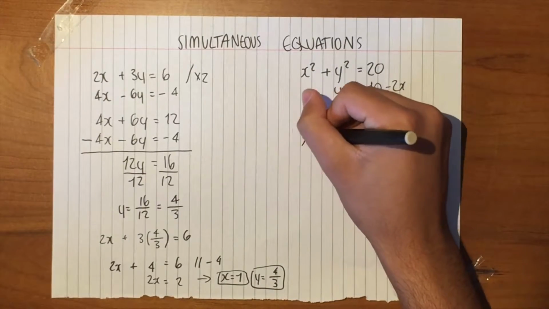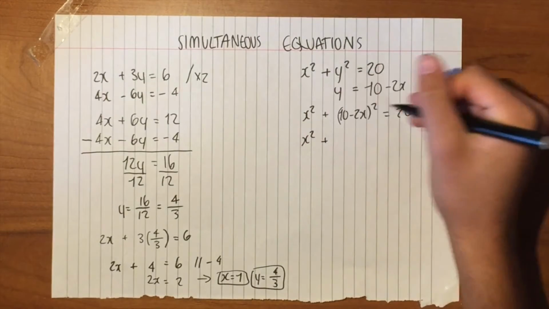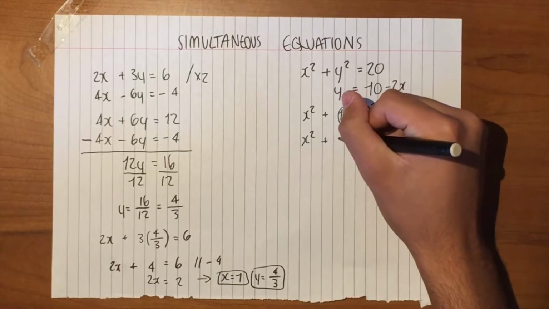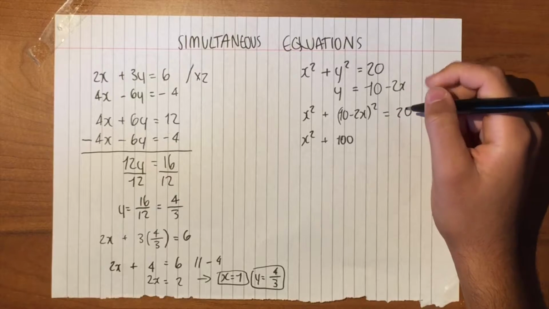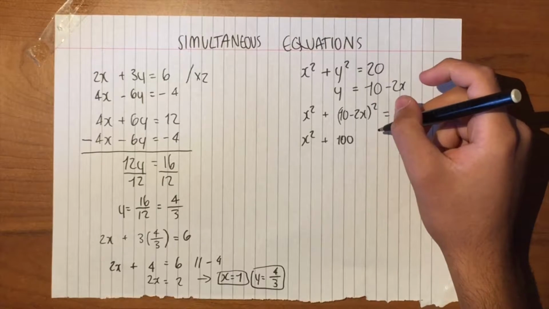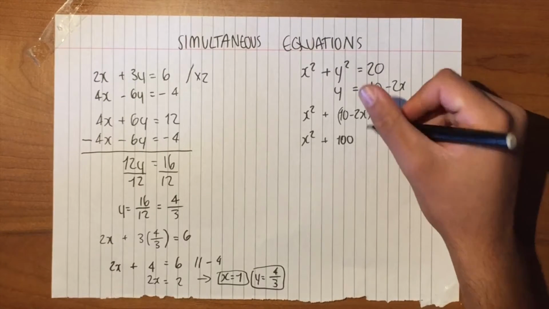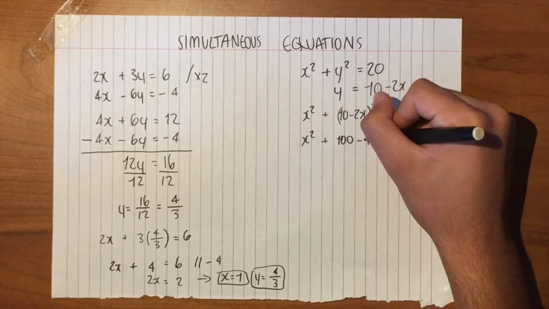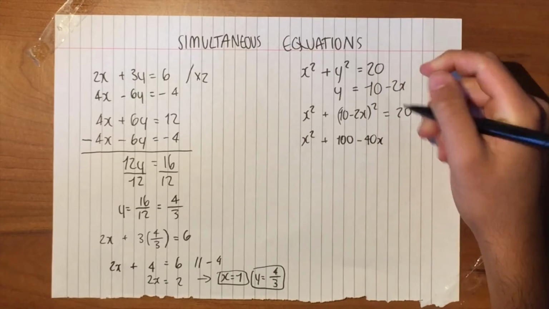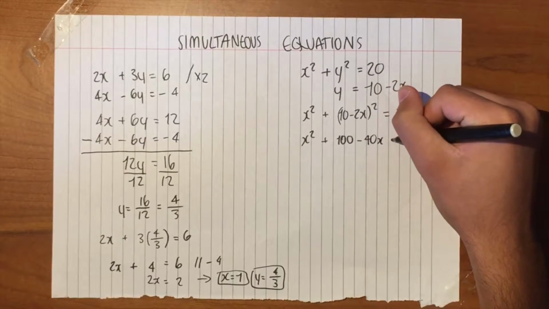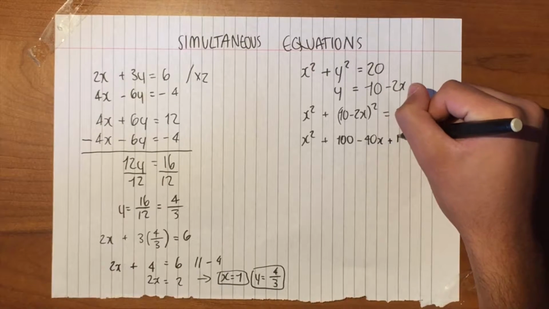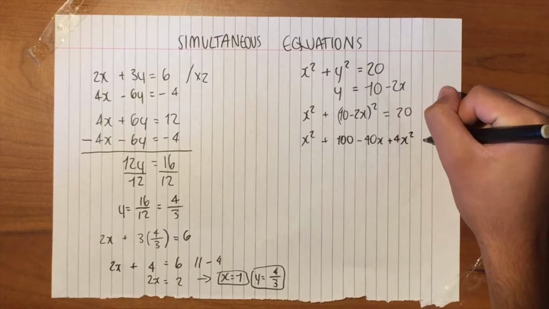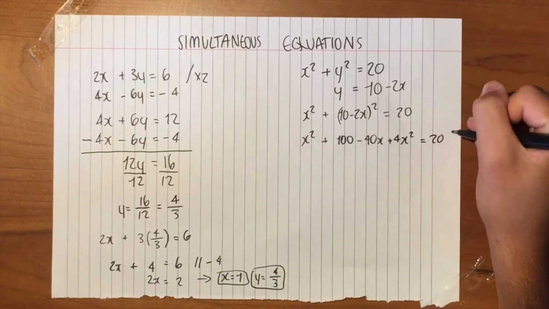So x squared plus 10 squared is 100, and then we have to remember the double product, which is minus 20x plus minus 20x, which is minus 40x, and then minus 2x squared is plus 4x squared, which is equal to 20.